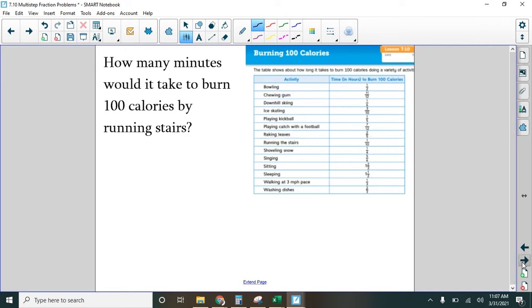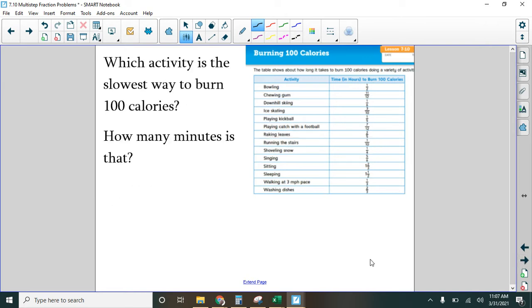What about the slowest way? Same kind of question. We want to burn 100 calories, but we want to know the slowest way. This is going to be something that is not very much activity. Look through here and choose which one you think is the slowest. It's the biggest number. 1/10 was the fastest way because it was the lowest fraction.